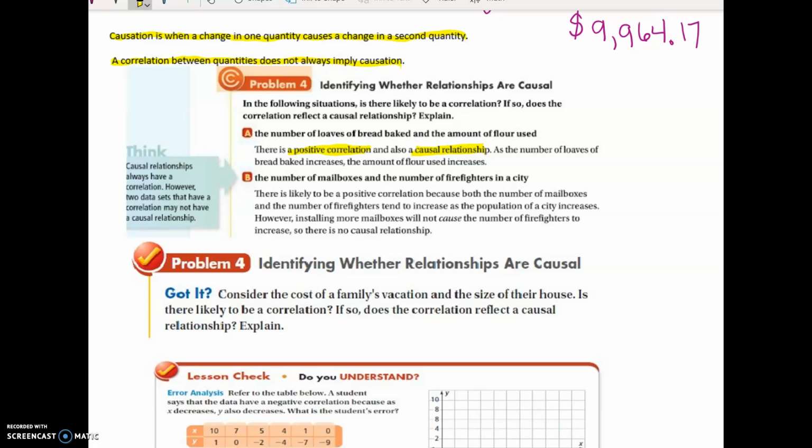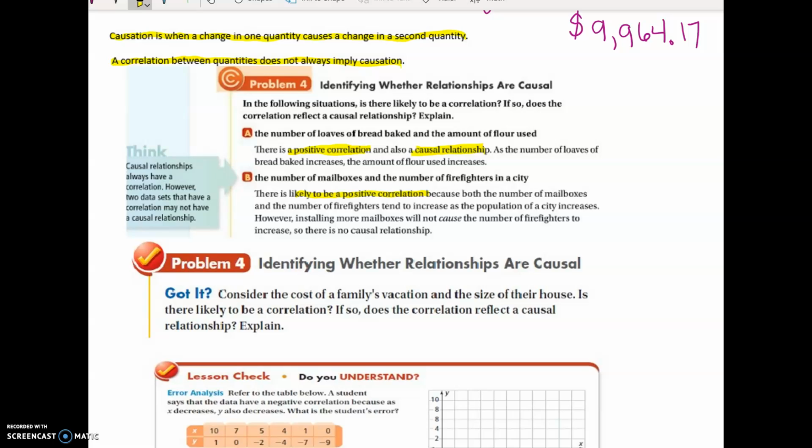Now let's look at another example here. The number of mailboxes and the number of firefighters in a city. Now, without going too deep into this, we're not going to go over all the what ifs. Let's just think of this in general terms. There is likely to be a positive correlation because both the number of mailboxes and the number of firefighters tend to increase as the population of a city increases.